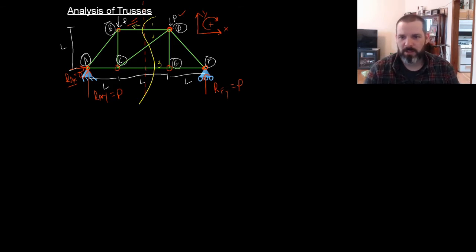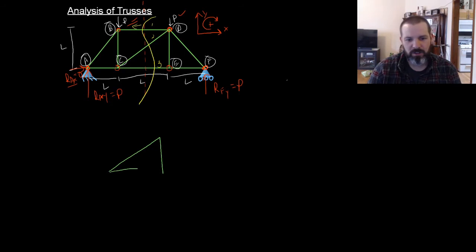So when you make the cut, everything that wasn't cut is going to carry over. So I have the joints. I have the load P acting down. I have the reaction here, which we found out was P. I have a reaction here, which I found out was 0.